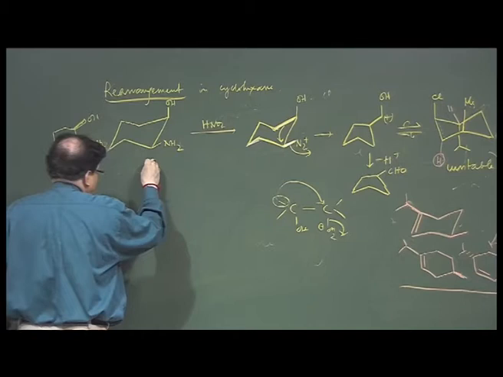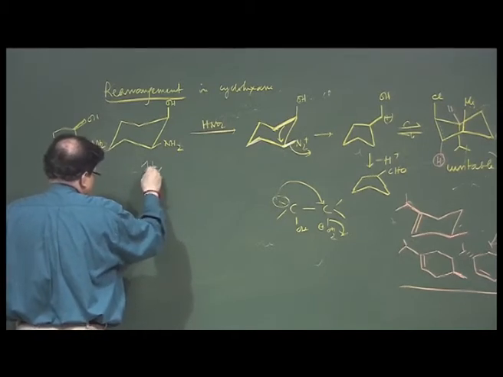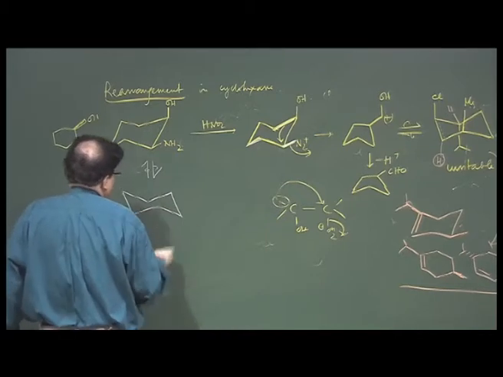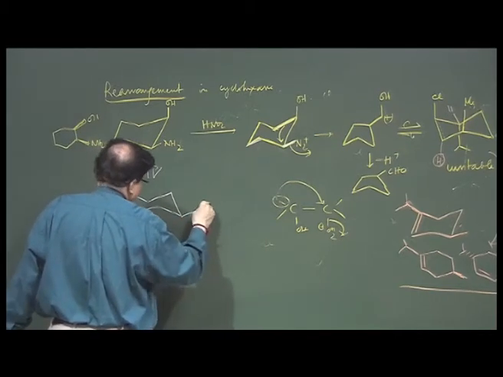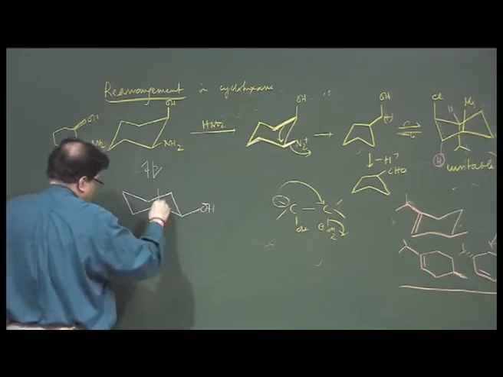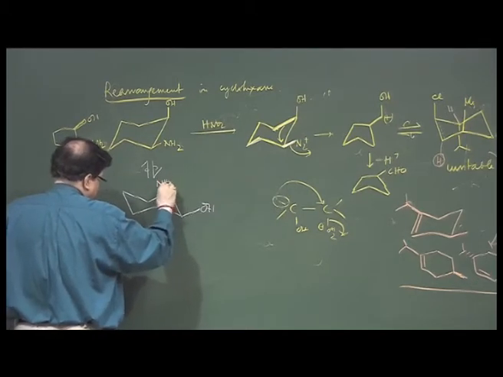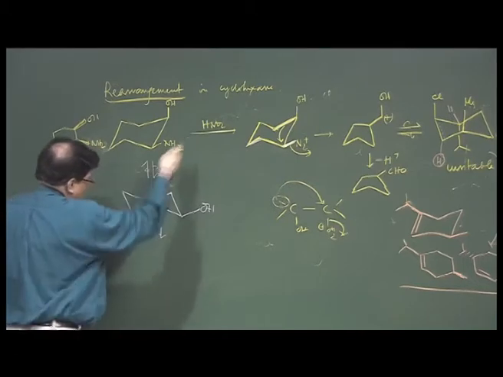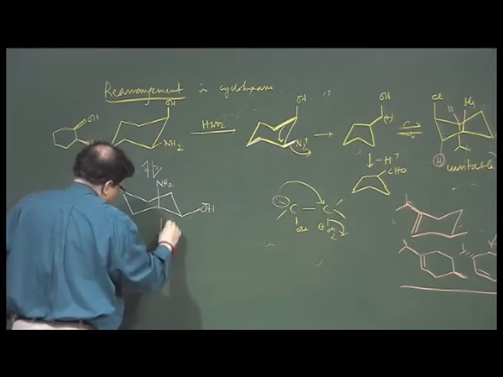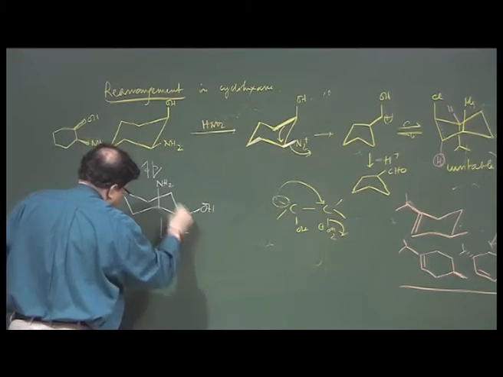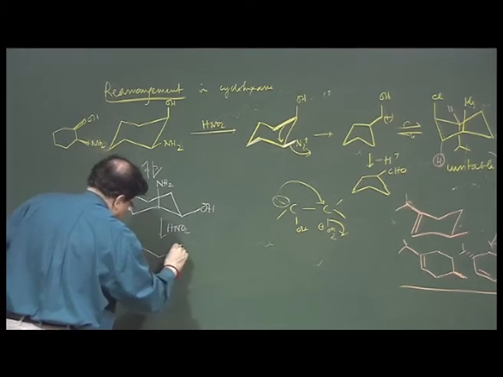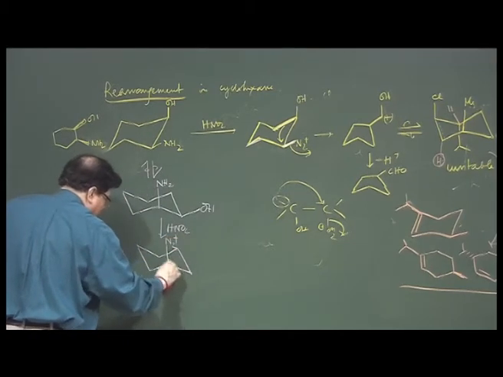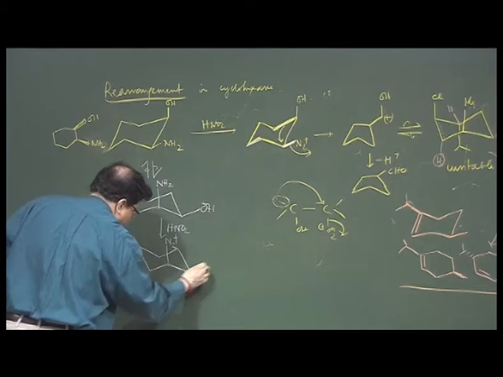Okay. Now, this is one conformation of cis aminocyclohexanol. If you flip it, you get another conformation, and in that conformation this OH will be equatorial and NH2 will be axial. Okay. Now, you see the difference. If you treat the same thing with HNO2, it will make the amine the diazonium, so that will be N2 plus, and this will be OH.